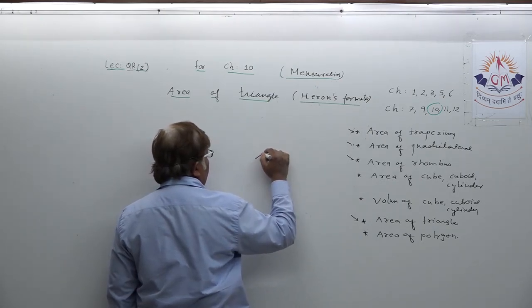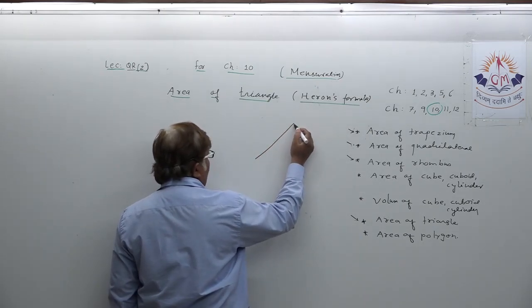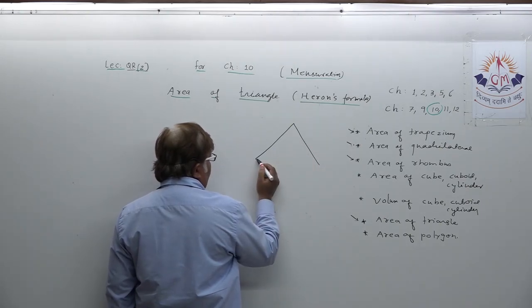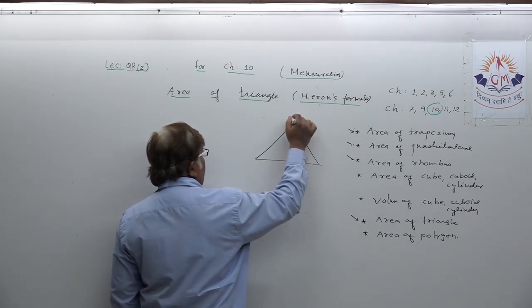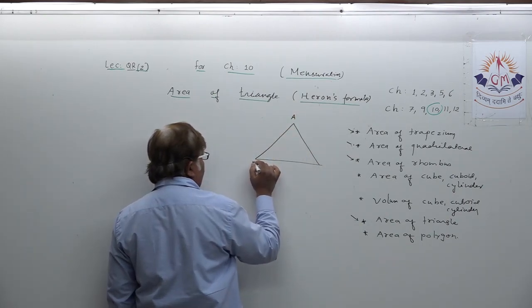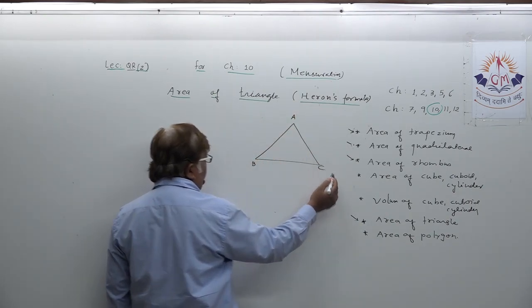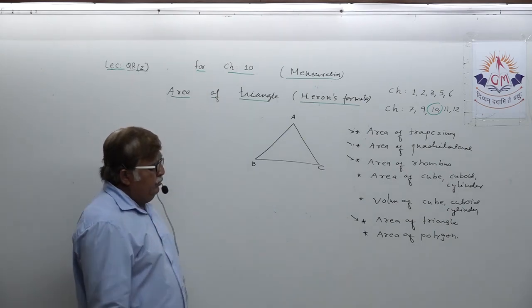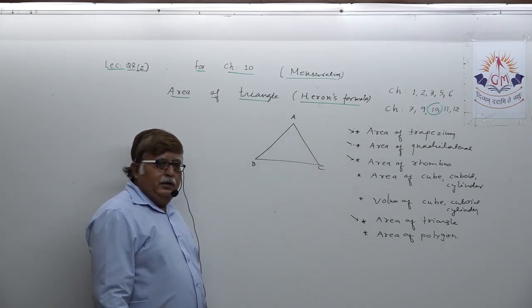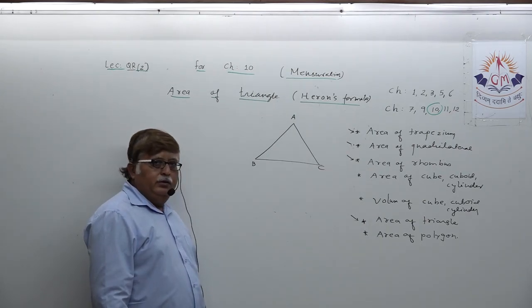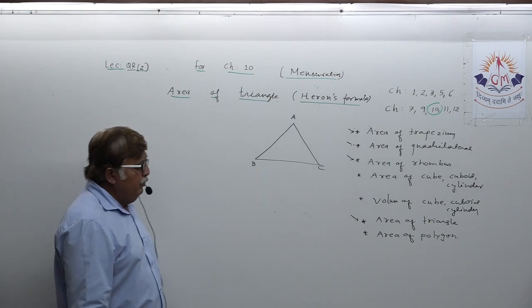Suppose this is the triangle given. Suppose you are given a triangle. If the name is not mentioned, let me take it myself. Suppose you are given one triangle and you are asked to find area of this triangle by Heron's formula.